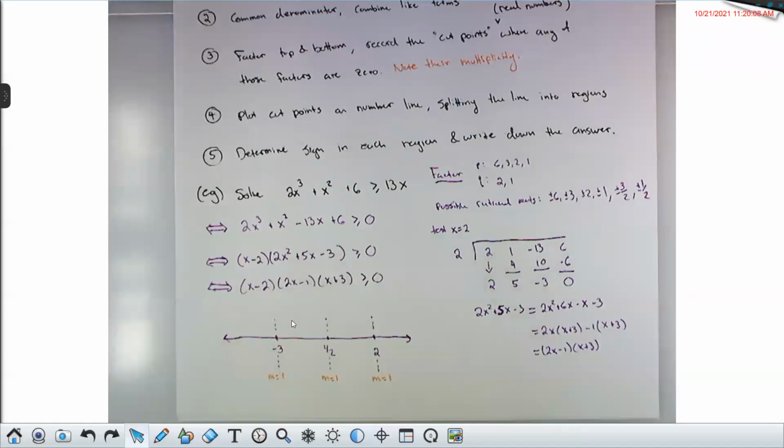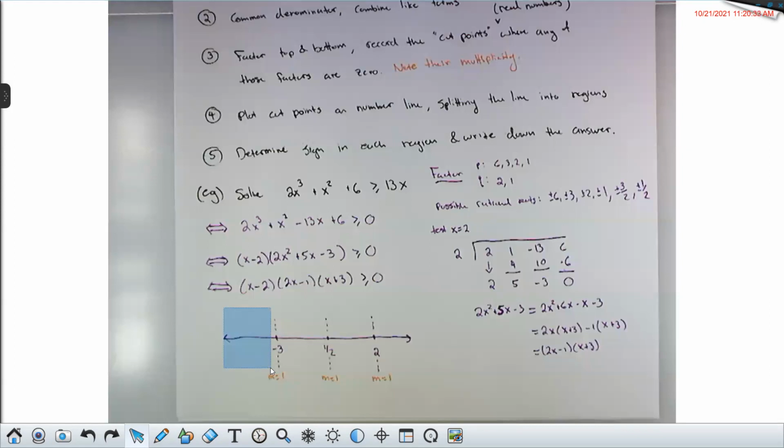It's odd, so it will change sign. Very good. Because each of these has odd multiplicity, we will change sign as we jump over each one. So if this is positive, it would go plus, minus, plus, minus. If this is negative, it's going to go minus, plus, minus, plus. So as soon as I know any one of these regions, I can fill in the sign for the rest of them.